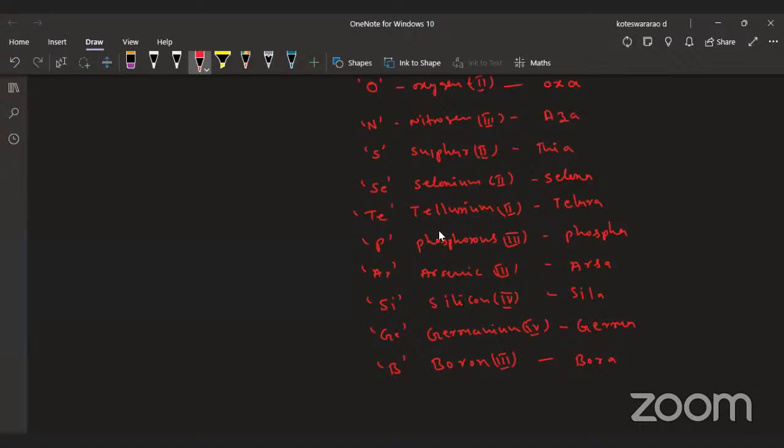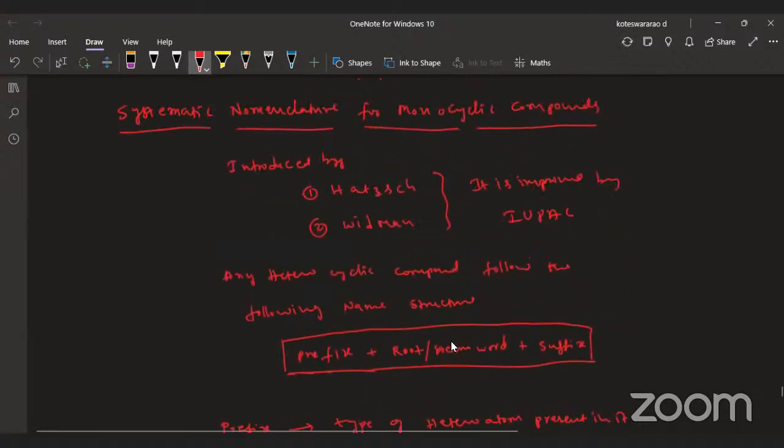Tellurium is tellura, selenium is selena, phosphorus is phospha, arsenic is arsa, silicon is sila, germanium is germa, boron is bora. First, the prefix is like this.